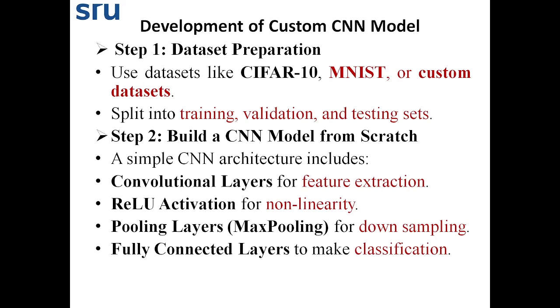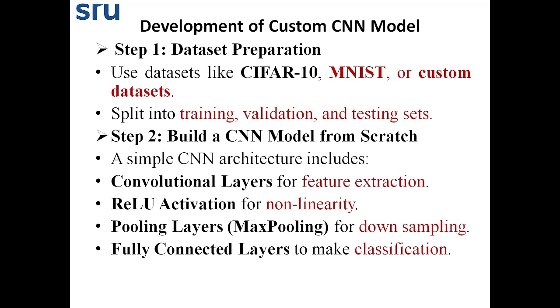Now how we have to develop a custom CNN model. Step 1, prepare data, or use a data set like MNIST or a custom data set. Then split data into training, validation and testing.